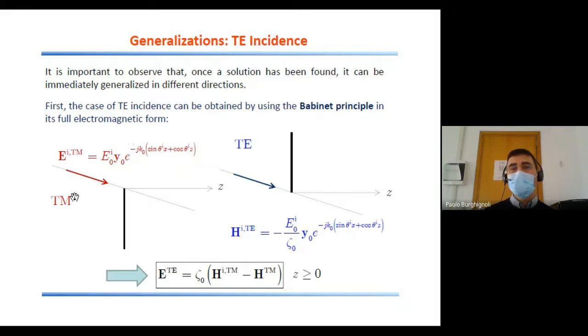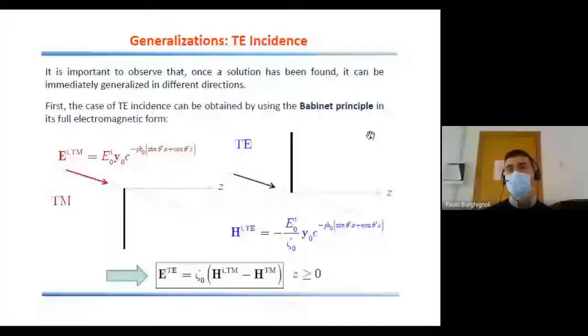you can relate the original configuration, in which you have a TM incident wave on our perfectly conducting half plane, with the dual configuration in which you have a TE incident plane wave and you have your half plane again. However, now it lies where x is negative instead of positive. And this is the magnetic field of this TE incident wave.